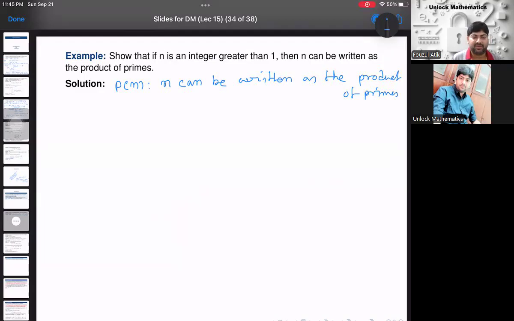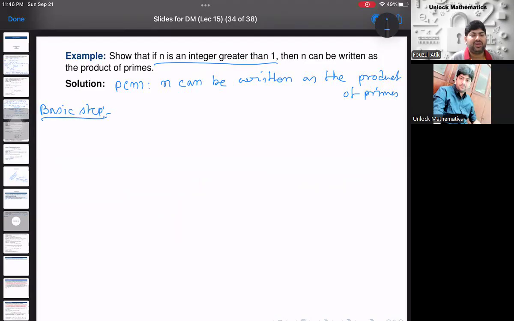Now can you tell me what is my basic step? You have to prove it for n an integer greater than 1. So what is the first integer greater than 1? 2. So your basic step, or base case, is P of 2. But is P of 2 true or not?